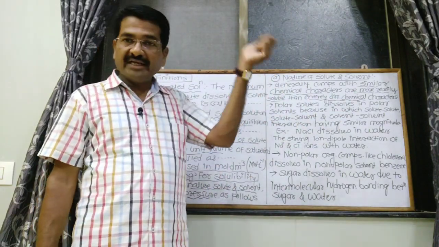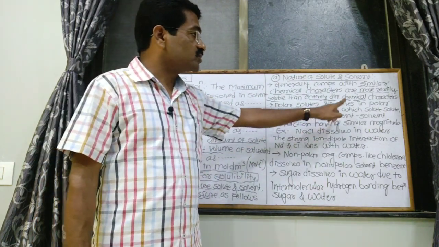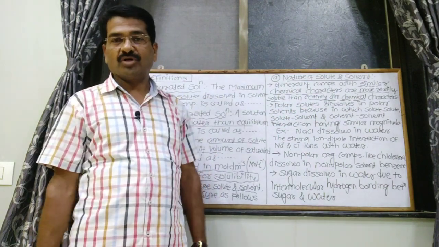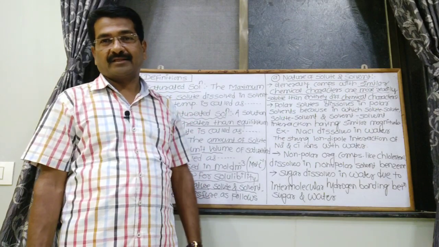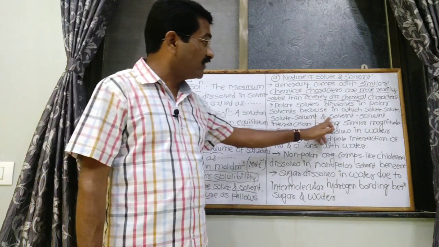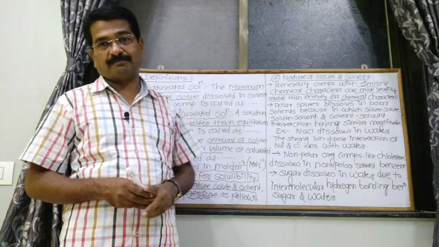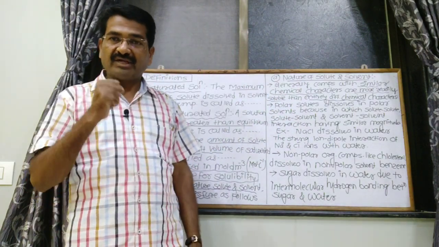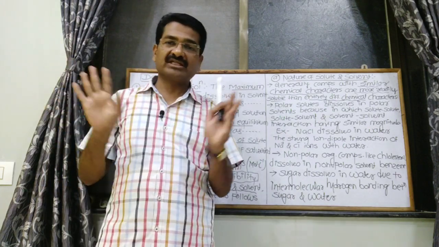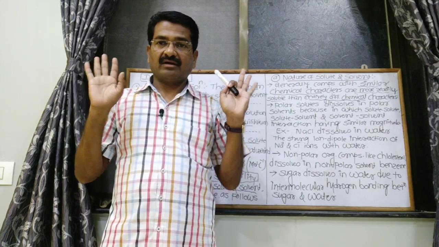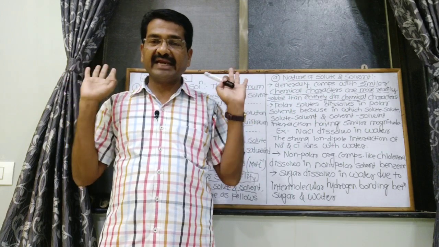Polar solute dissolves in polar solvents because in which solute and solvent interactions have similar magnitudes. Understand this point? Whenever a polar solute dissolves in a polar solvent, both are polar. What is polar? Those substances that can break into opposite poles, positive and negative.